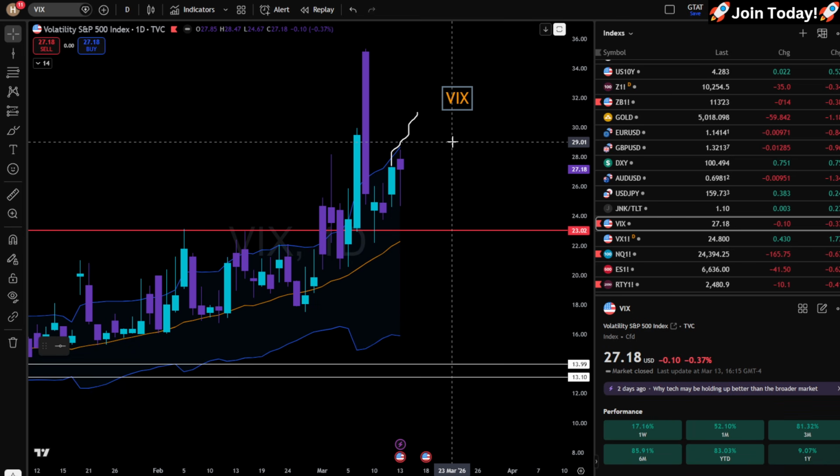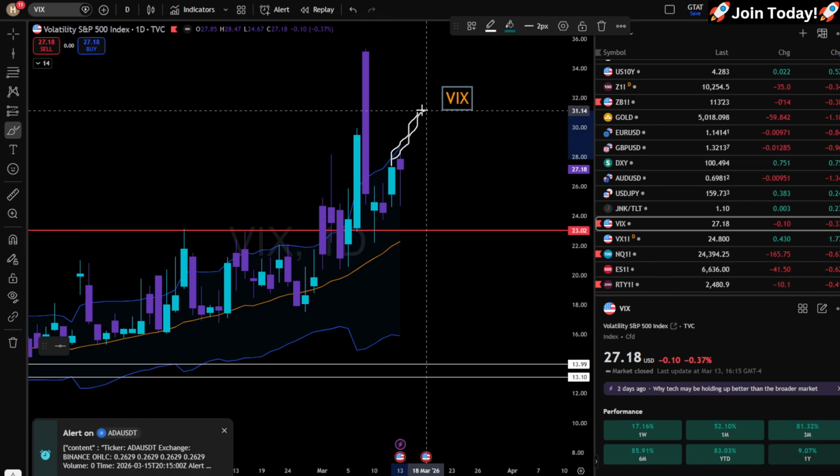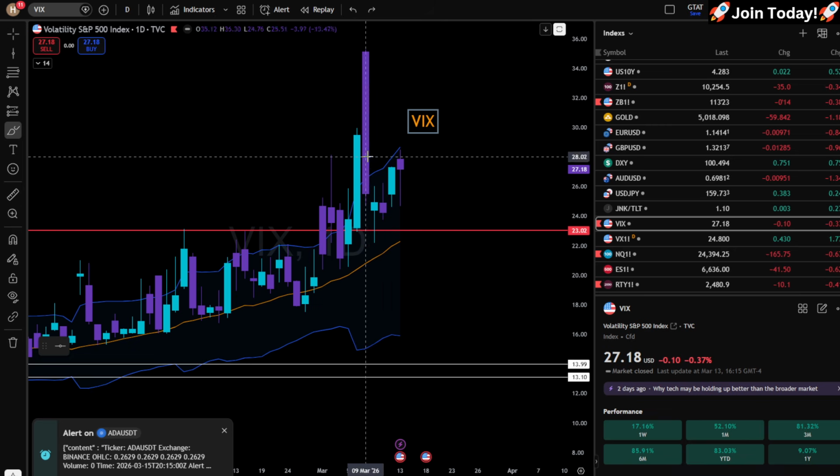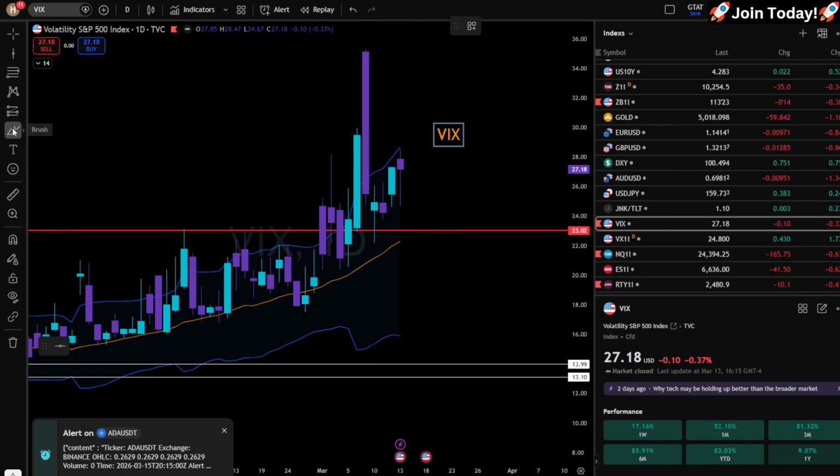So this is not your best case scenario for bulls, because if the VIX can continue to just hug along this line, the upper level of the Bollinger Band is clearly straight up in the air, as you can see.